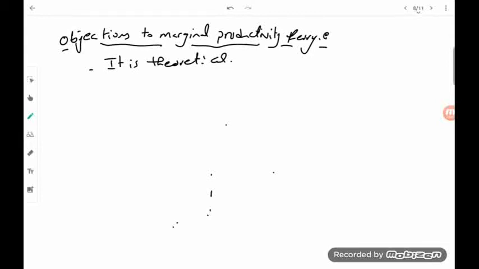Also, we can say that with fixed capital stock, it seems that adding labor wouldn't add to output at all. It's just workers take their turns in using the capital.